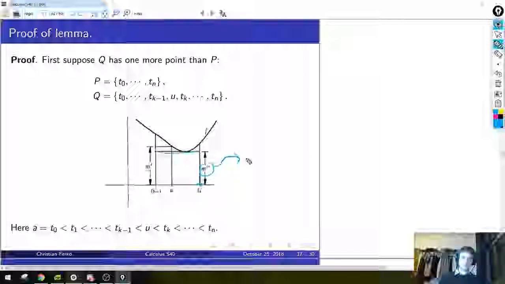We're going to have a lot of primes because there are going to be a lot of letters, but M double prime is, speaking heuristically here, the infimum in the old partition P.